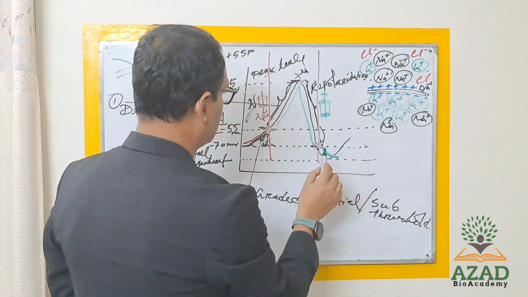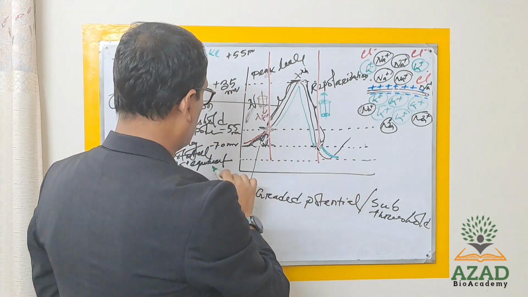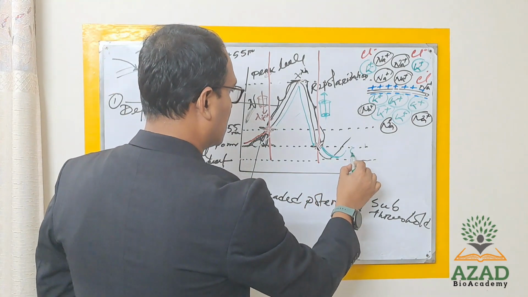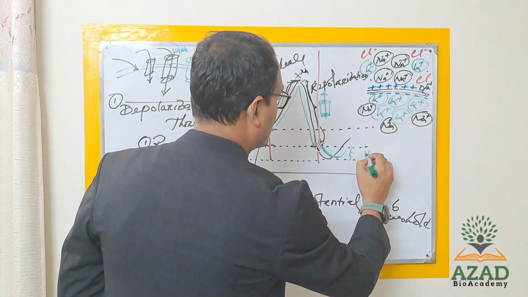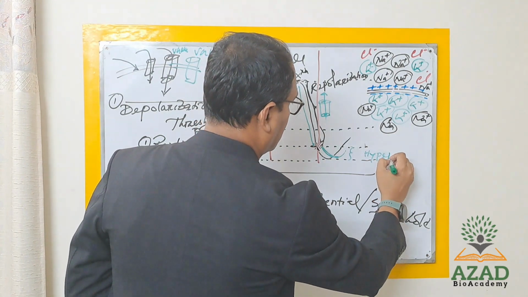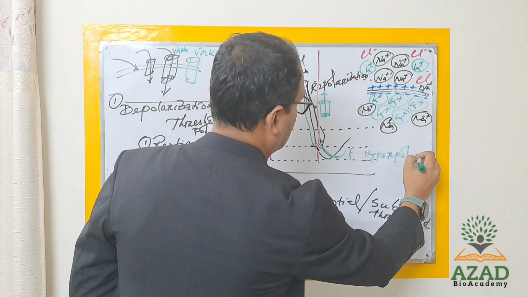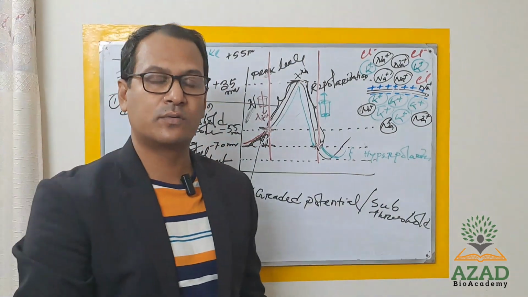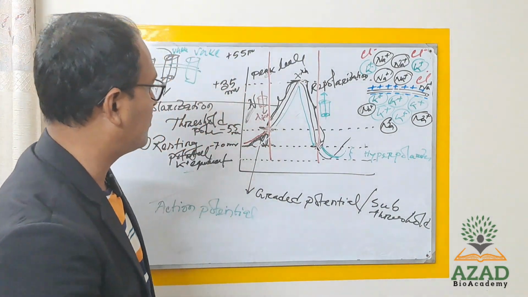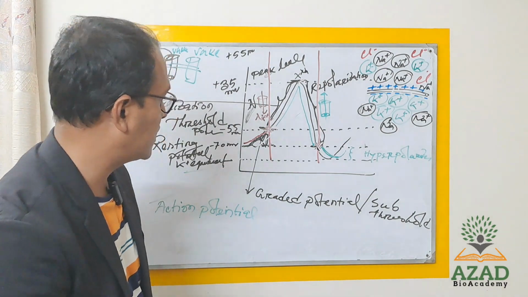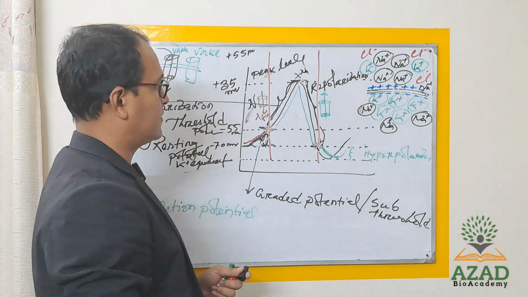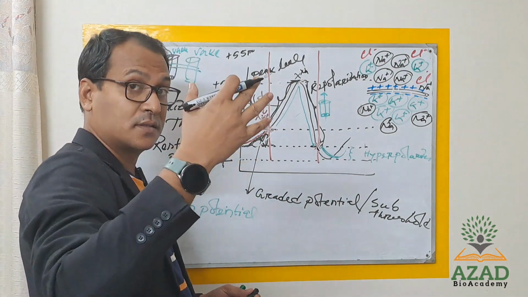Okay, that means from the resting membrane potential to the potassium equivalent potential. This is the hyperpolarization. So what does hyperpolarization mean, and how will it happen? Hyperpolarization will happen through the leak potassium channel, as I discussed earlier.